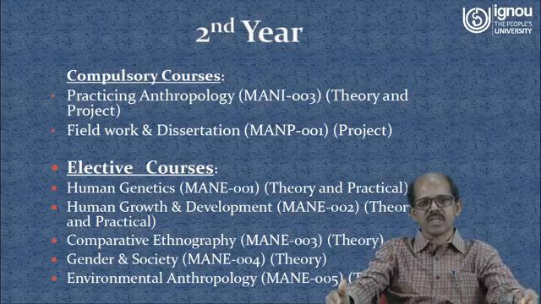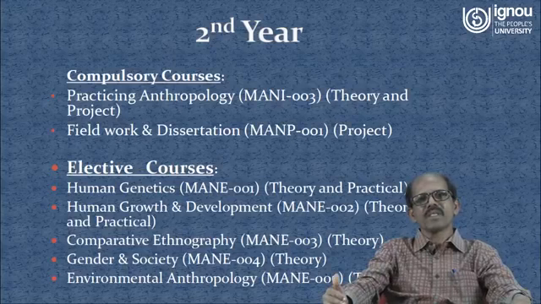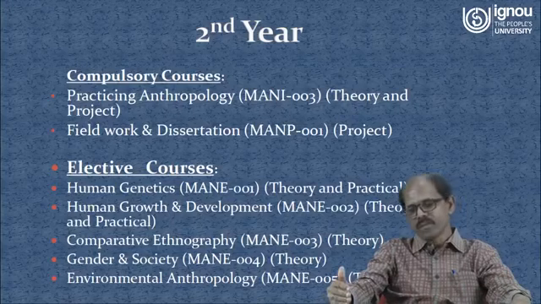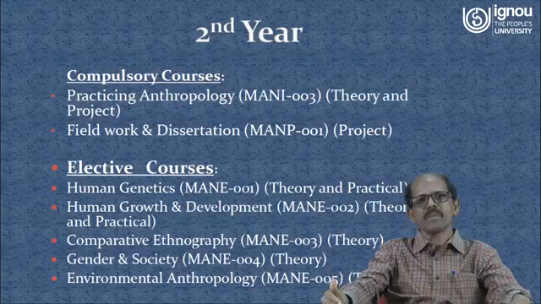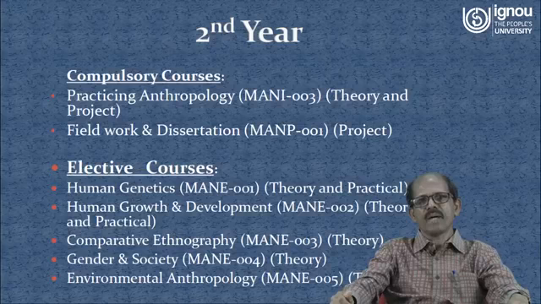These are the 5 elective courses offered in the second year. In the human genetics course, we have a practical component besides theory, and also in the course human growth and development, there is a practical component besides theory.